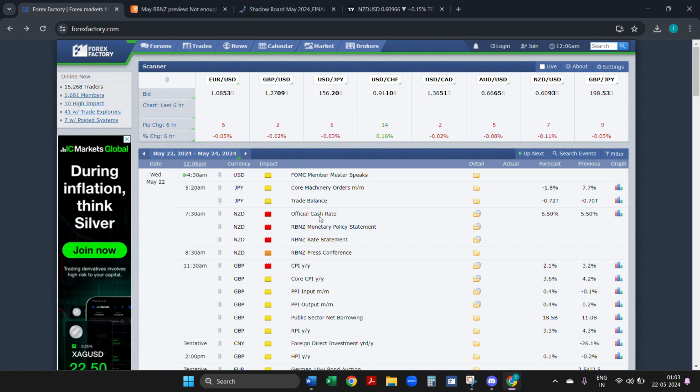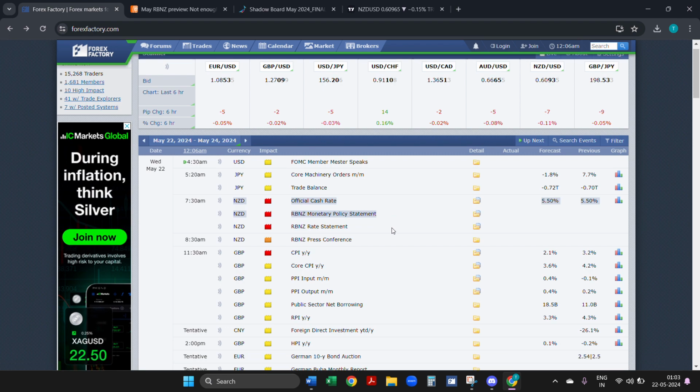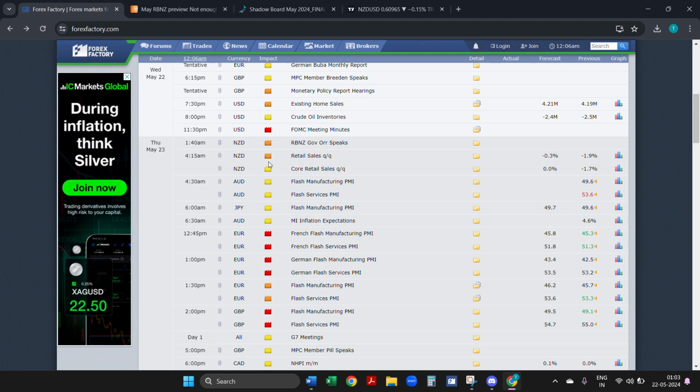We have the official cash rate on the New Zealand official cash rate and the RBNZ, Reserve Bank of New Zealand, monetary policy statement tomorrow, press conference, and we also have FOMC meeting minutes too.